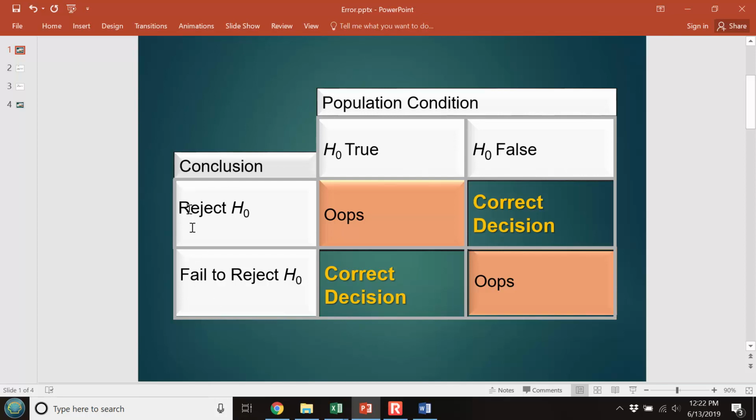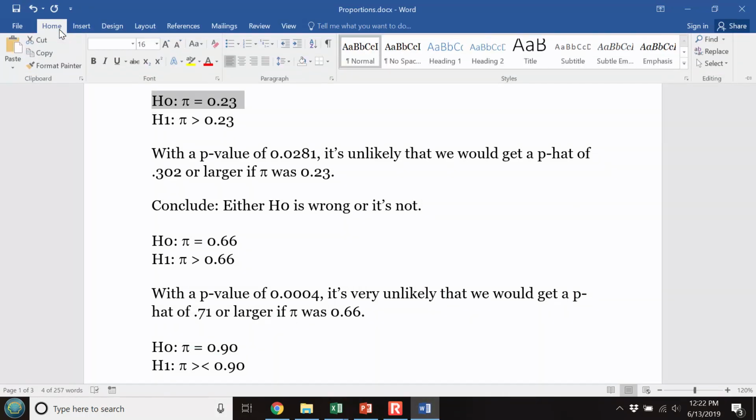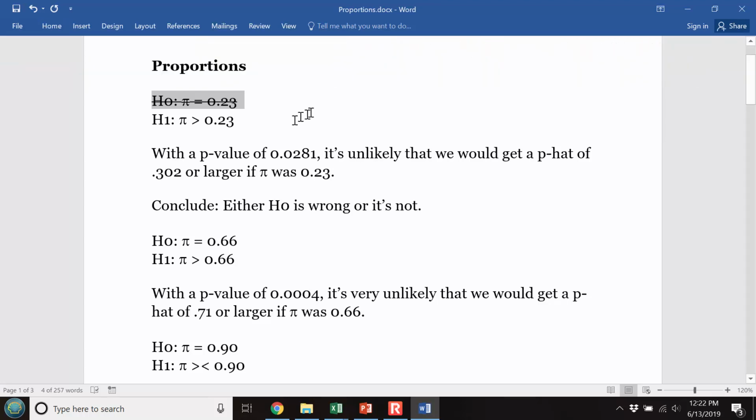We have to, down here, make a decision and say, we reject this, and conclude the researcher's right, or we can't reject this and we aren't able to show. It's not that this is wrong, we just can't show it.